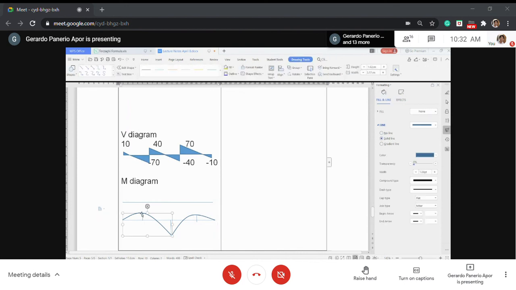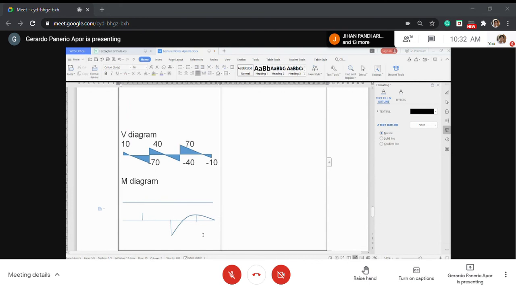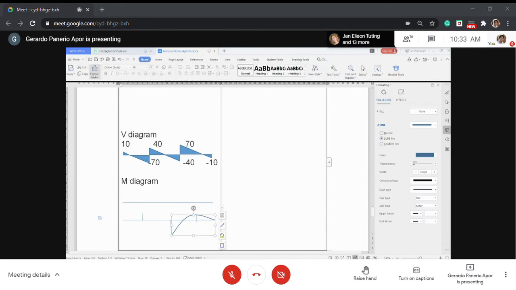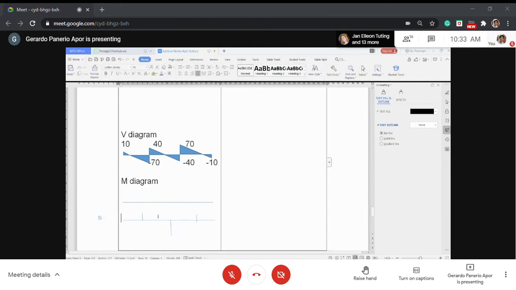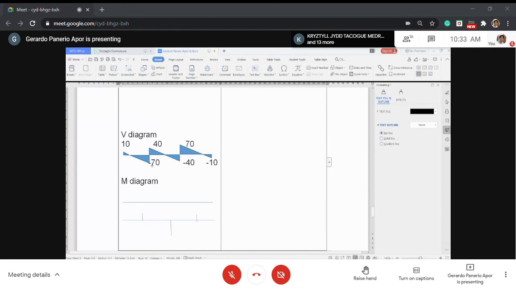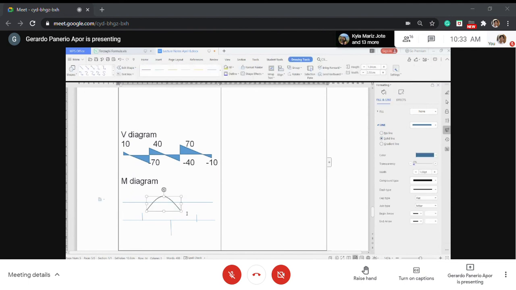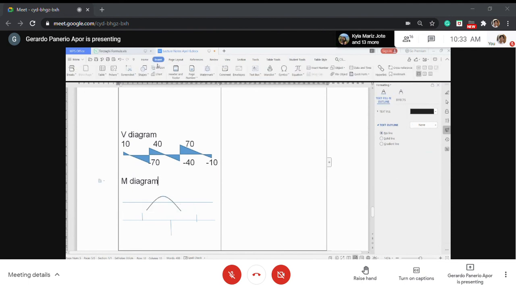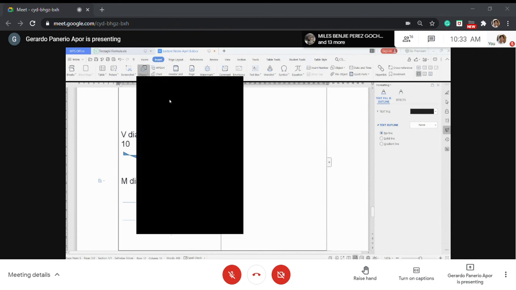Here you have a shear diagram that looks like this. For this one, you have, and here you have a shear diagram that looks like this. A moment diagram.